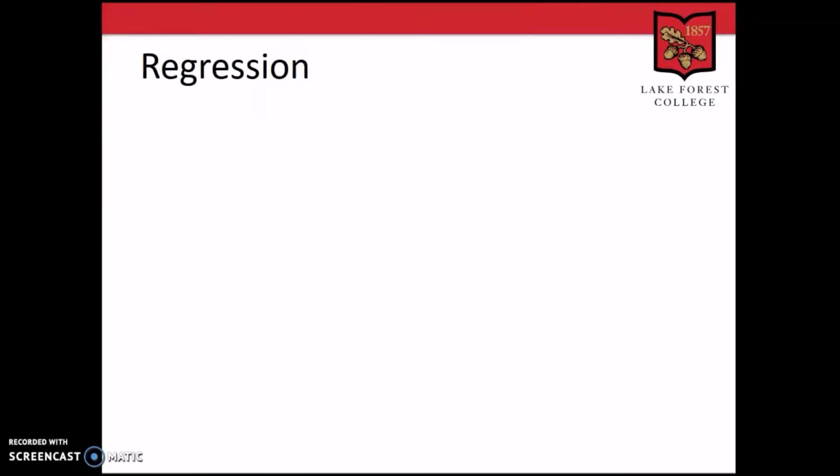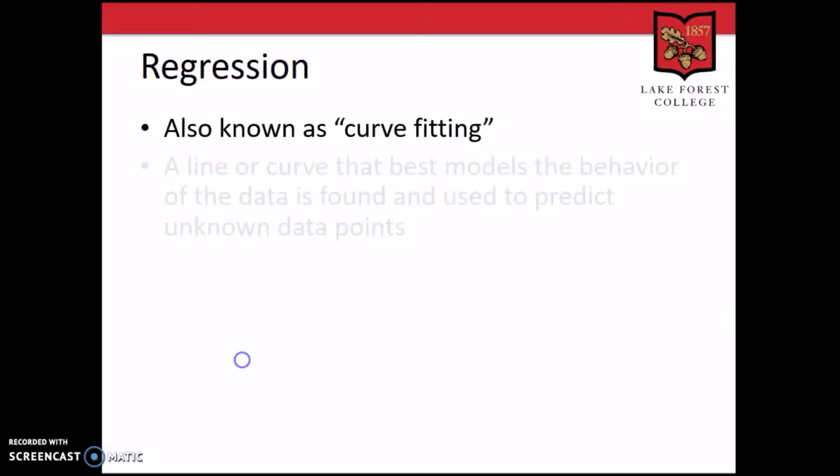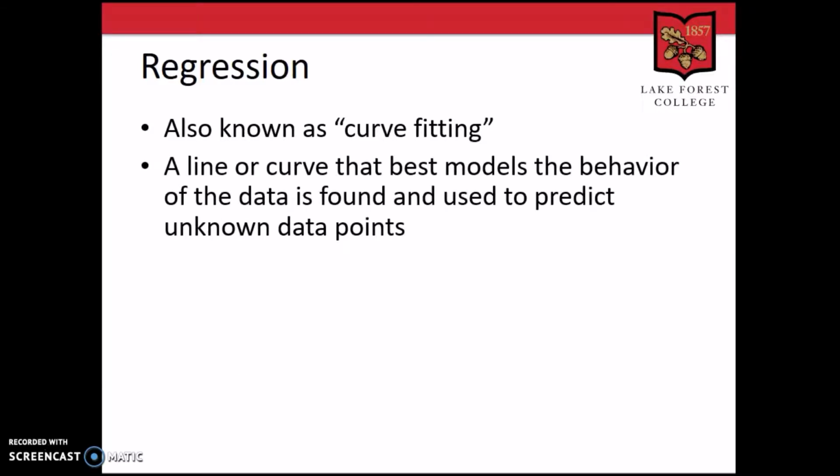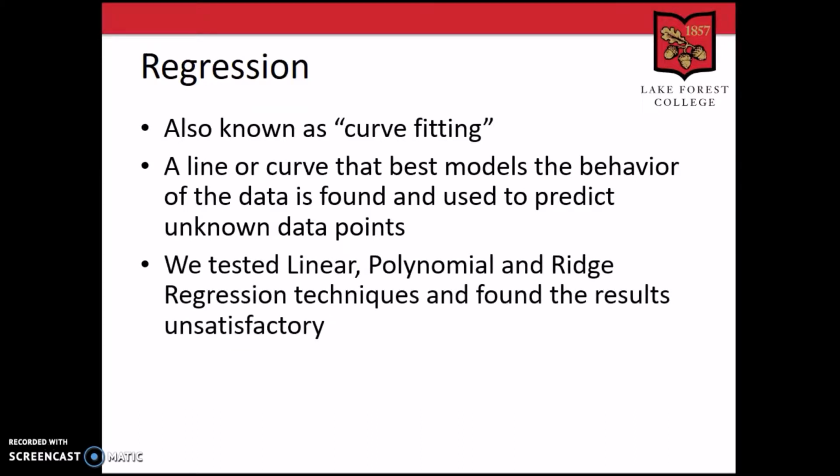So how did we work with this data? We used regression techniques. Regression is also known as curve fitting, and a line or curve that best models the behavior of the data is found, and used to predict unknown data points. We tested several types of regression: linear regression, polynomial regression, and ridge regression techniques, and we found none of these properly modeled the data.